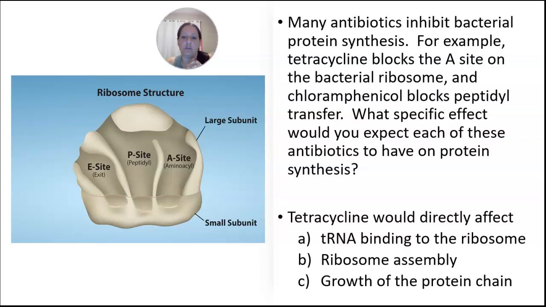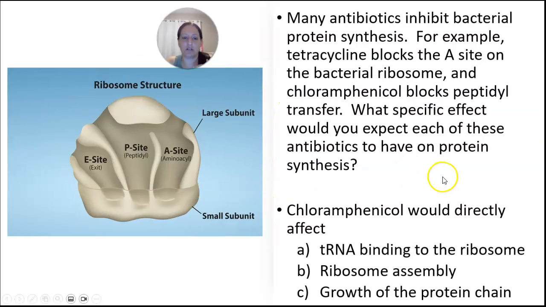So tetracycline would directly affect what? So A would be correct, right? Because if the A site doesn't work, if it's blocked, then tRNA molecules can't come in. That's where they come in to the ribosome. So that would be A.